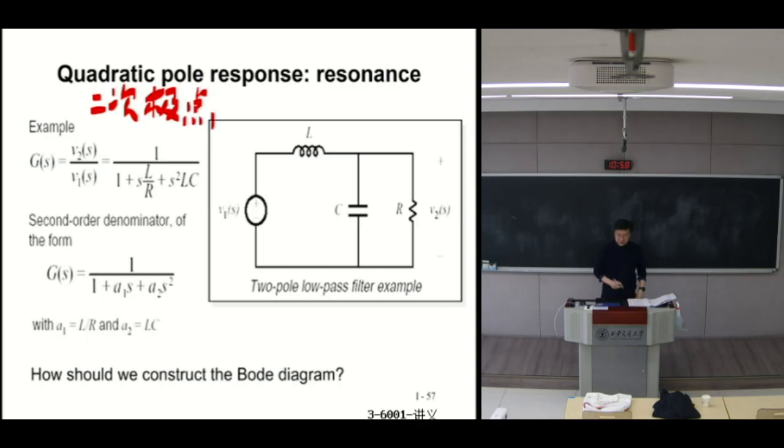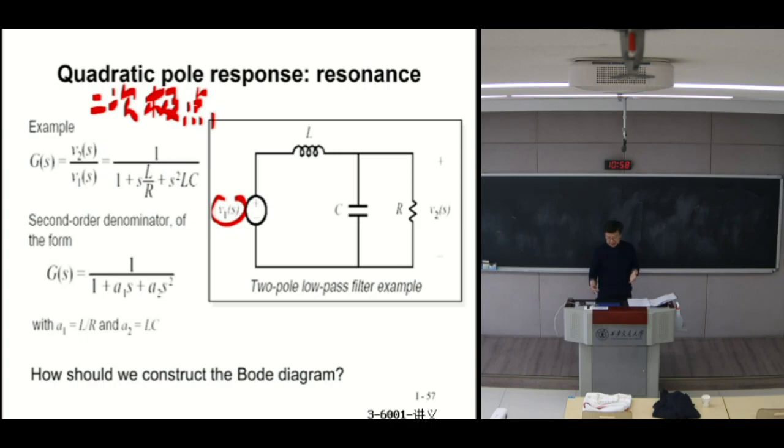Quadratic pole. On the right hand side, this is the circuit that can generate a quadratic pole response, where you have an input voltage source, V1, applied to an inductor, capacitor, and resistor network. And we all know this is a low-pass filter.